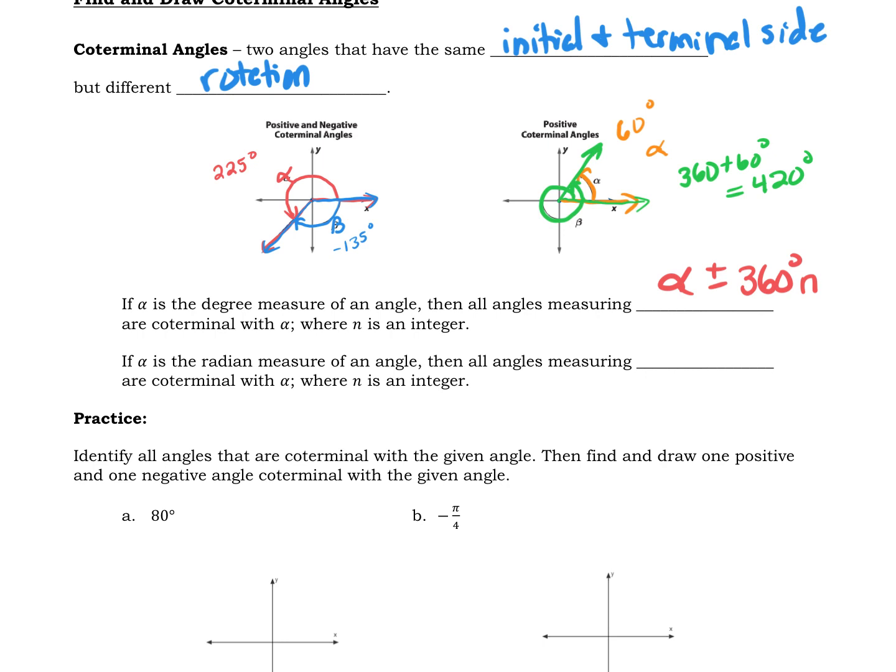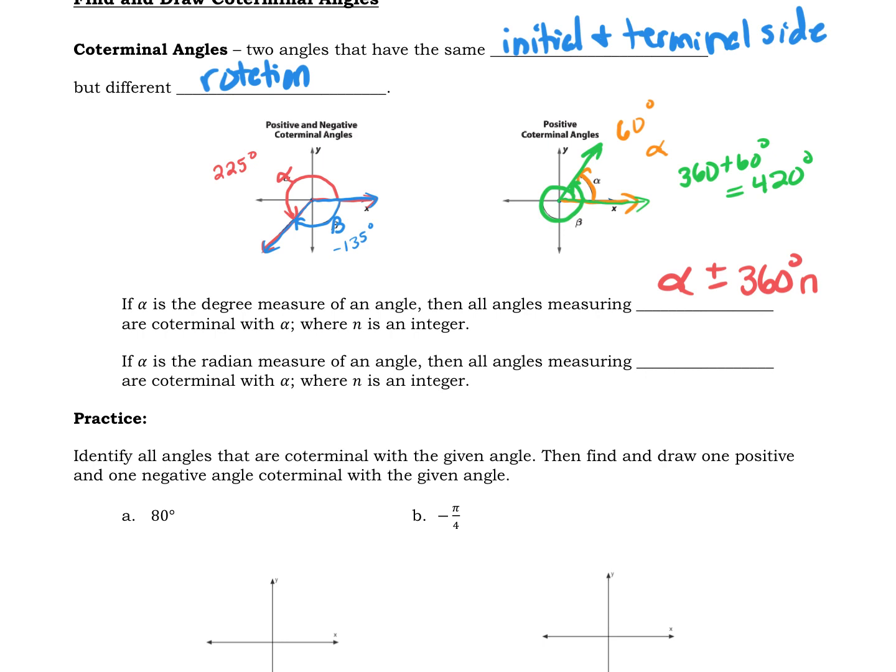So times 1, times 2, times 3, times 4. We can rotate 5 times around. We could rotate 2 times around. We could rotate in the negative direction. So anytime we are adding or subtracting 360 degrees, we're going to get a coterminal angle.